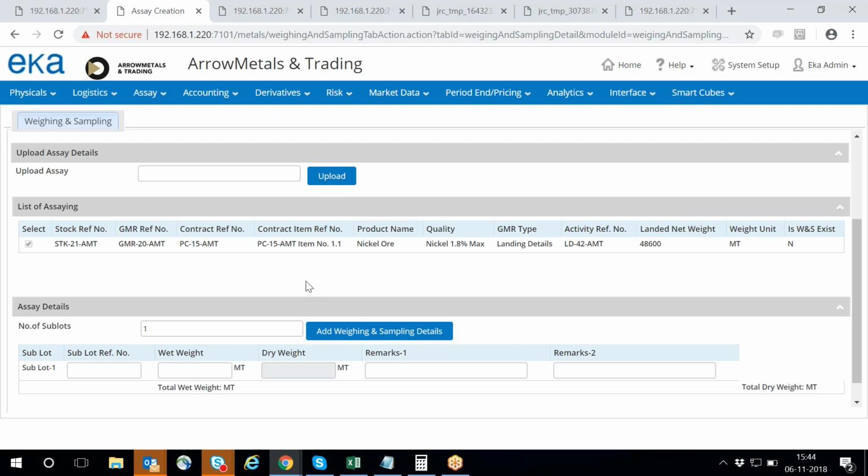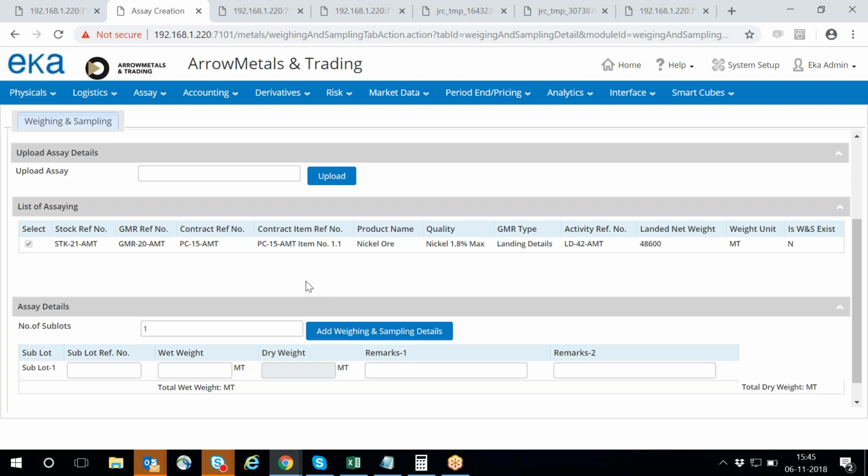Basically we do that because during creation of weighing and sampling, my purchase stock, which is my incoming stock, is a single stock, but I may split that single stock into multiple sampling lots. Like I may have one stock, but I split it into 3 sampling lots, and each lot will have its own weighing and sampling done.